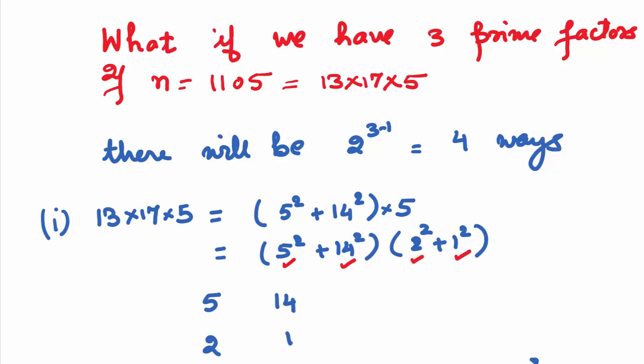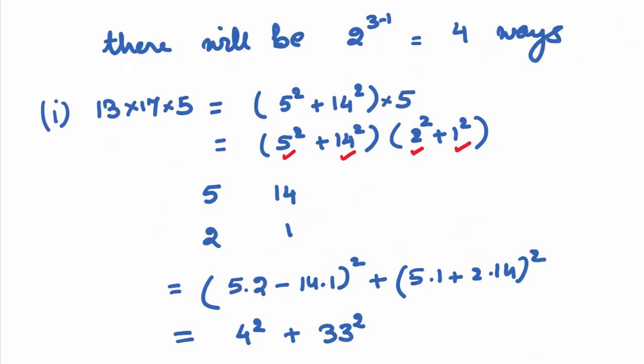So we write it in the matrix form, and when we apply the identity, you can see that (5 into 2 minus 14 into 1) whole square plus (5 into 1 plus 2 into 14) whole square. You simplify, you get 4² + 33². So you have been able to write our n, which was 1105, as a sum of two squares.